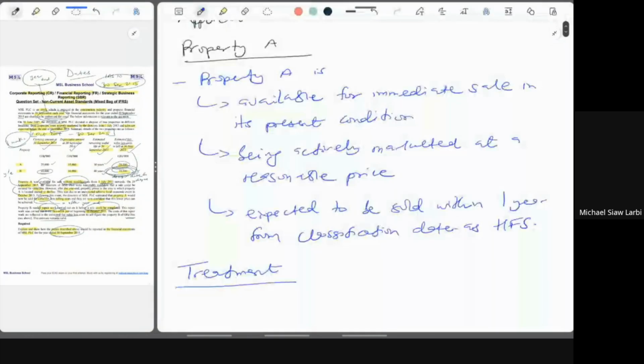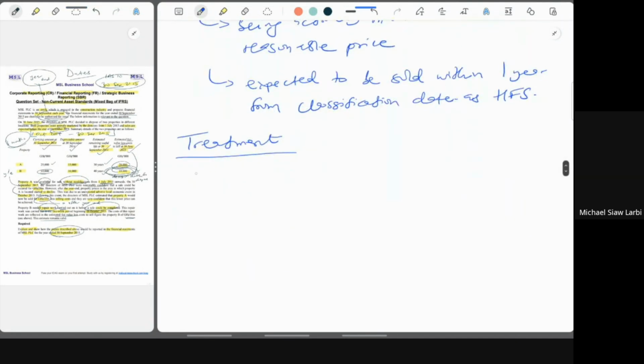So we'll depreciate for 9 months because for 3 months there is no depreciation. What are the figures? If you look at the question, we can mention this: depreciation ceases after held for sale classification.